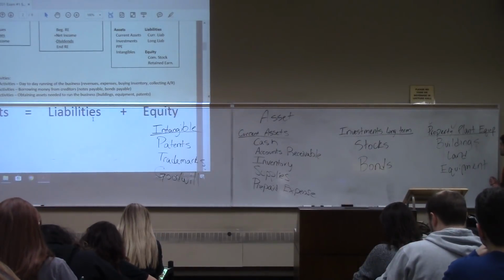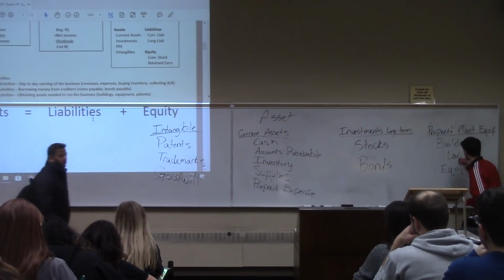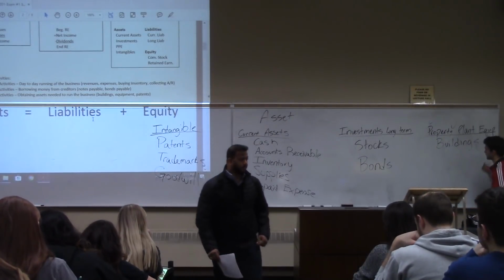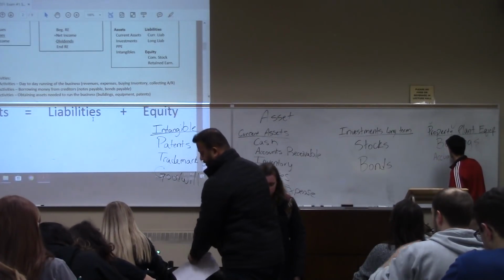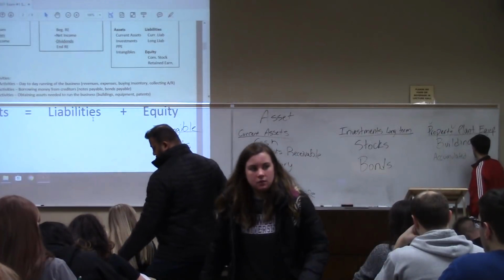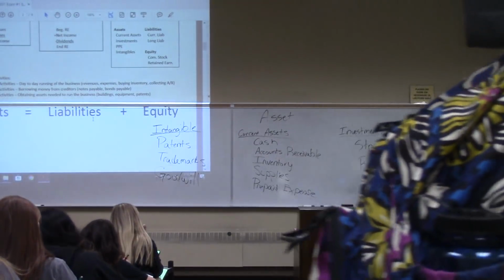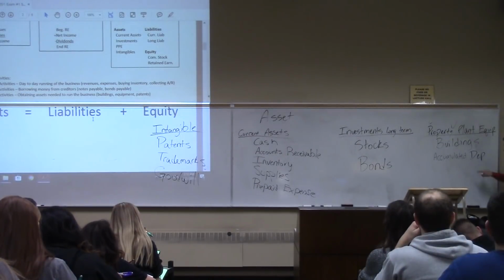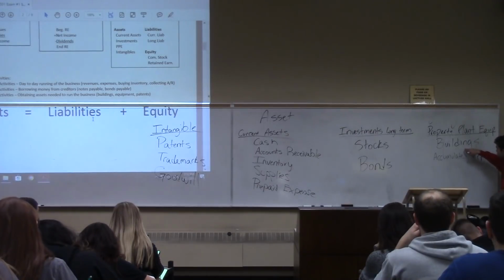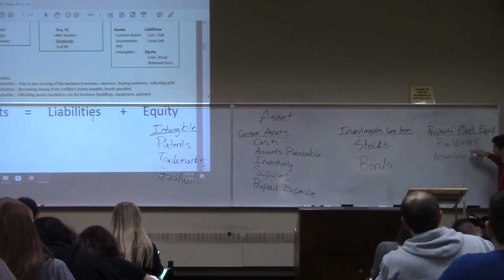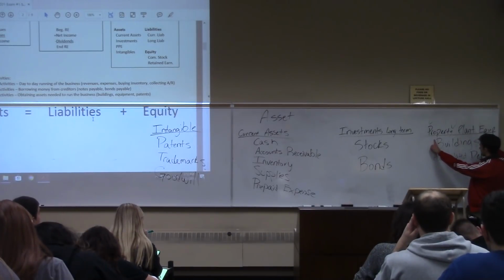So I'll go back to property, plant, and equipment. We've also got these contra accounts that we've been learning about. That's accumulated depreciation. A contra account is contrary to the original account. So accumulated depreciation takes away from the value of buildings.